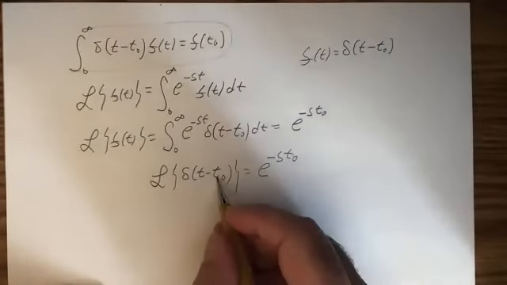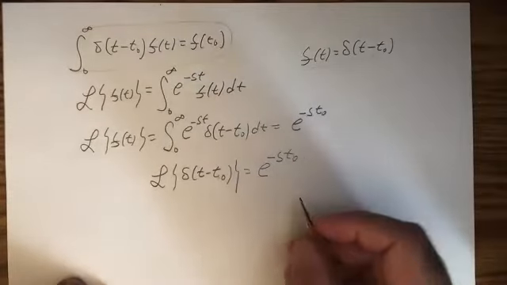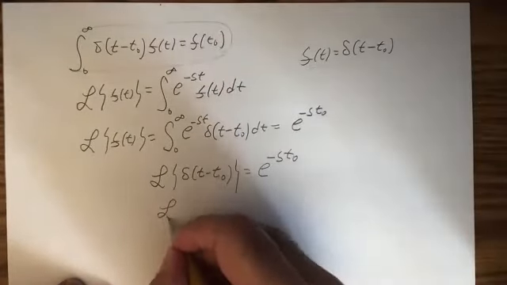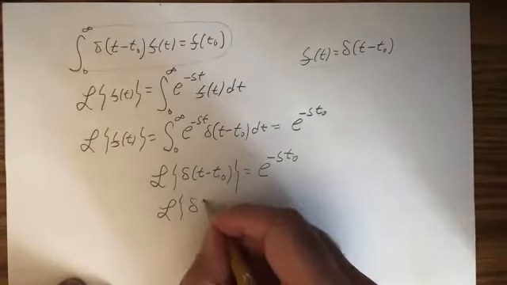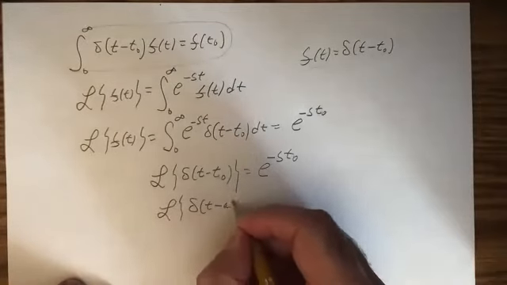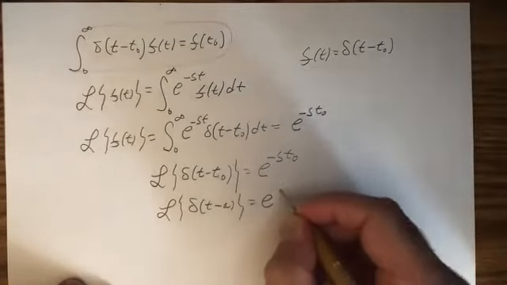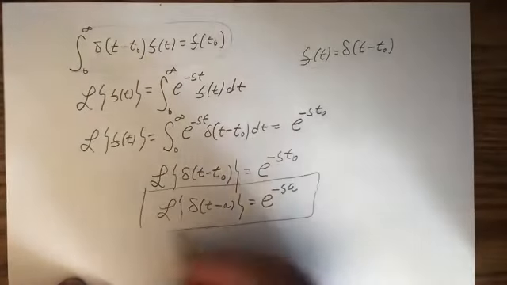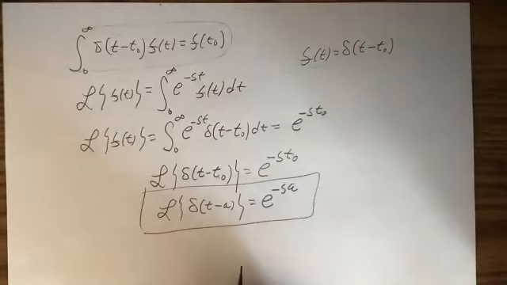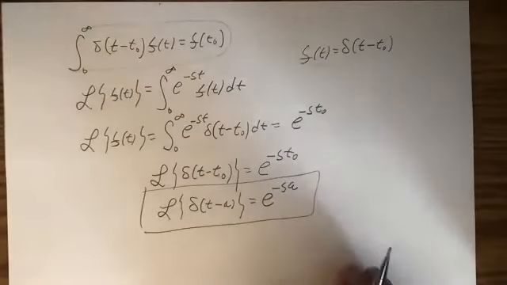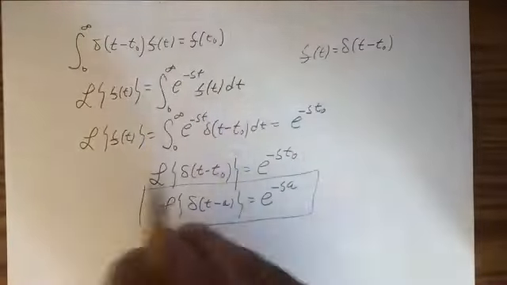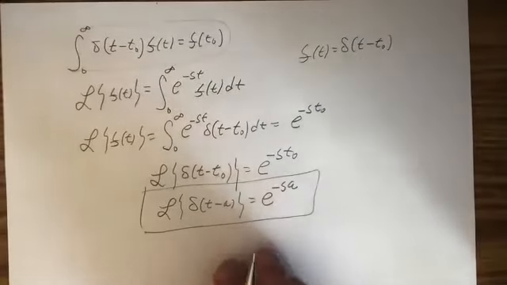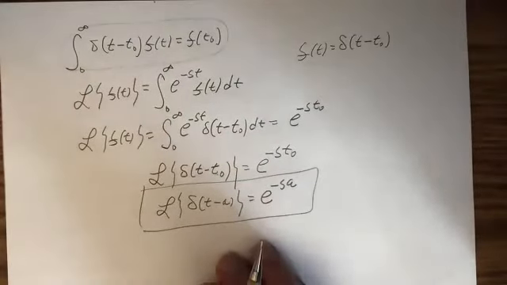And normally we've been using a, so I can say now the Laplace transform of the Dirac delta function is just equal to e to the minus s a. So now we have the Laplace transform of the Dirac delta function, and that's what we need to know. If you understand this, great. But this is what we need to know.